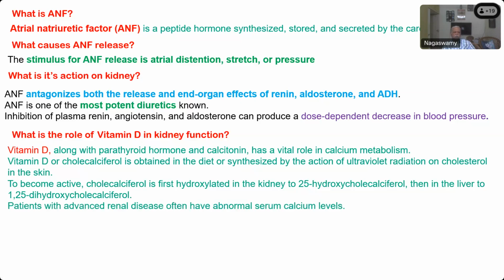In patients who have advanced renal disease, they have abnormal calcium levels also. That is why you may find that all CKD patients will be receiving some calcium supplementation, because the conversion into 25 hydroxycholecalciferol does not take place properly. So once the first hydroxy unit is not added, it cannot get converted to dihydroxycholecalciferol.